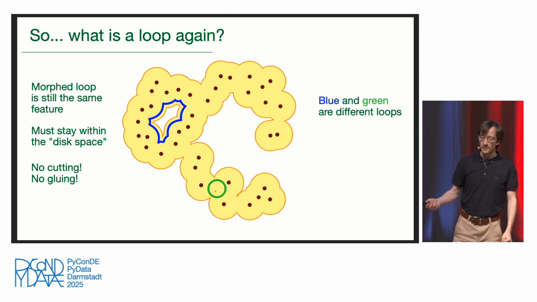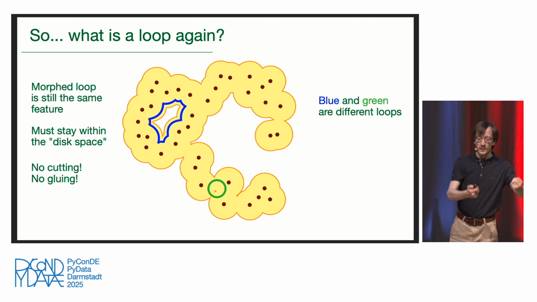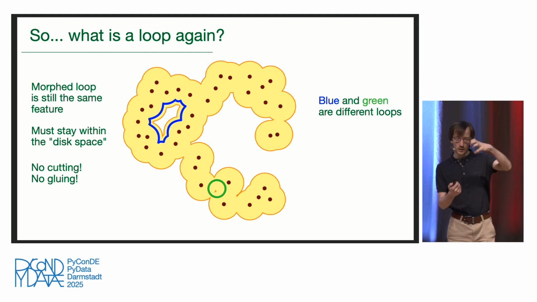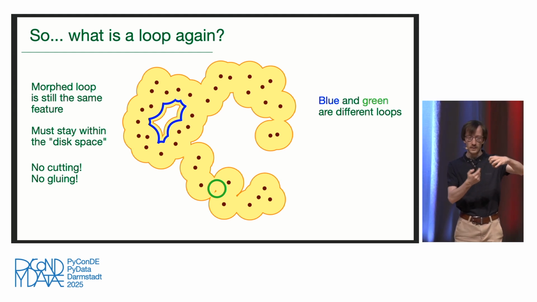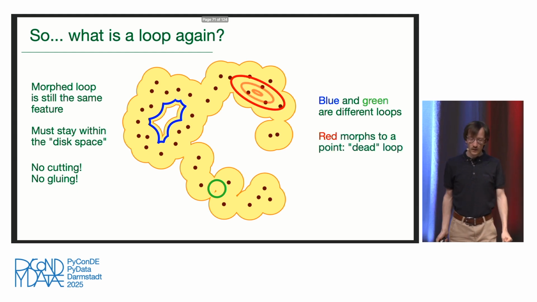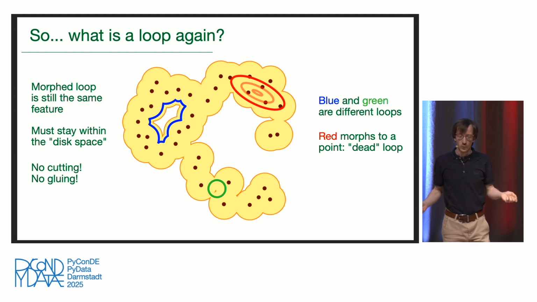If I have this blue loop and this green loop, those are different because there's no way I can move this blue rubber band to the green one, because the hole in the middle doesn't allow me to pull it through. This red one looks like a big loop, but I can contract it into a point, so it's really a dead loop for me.